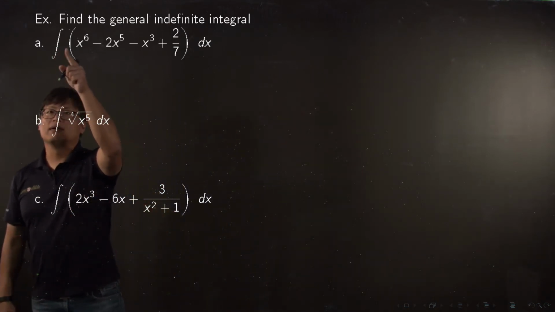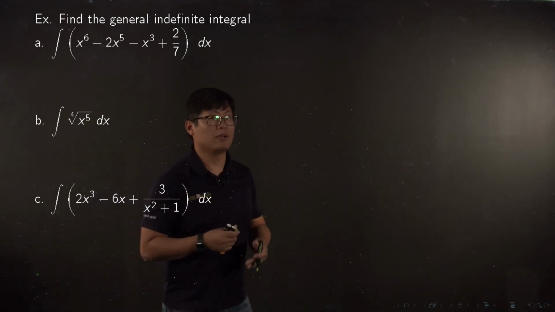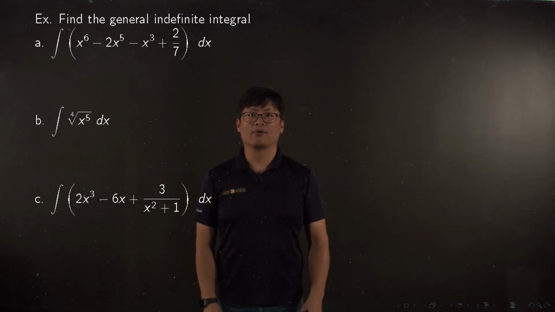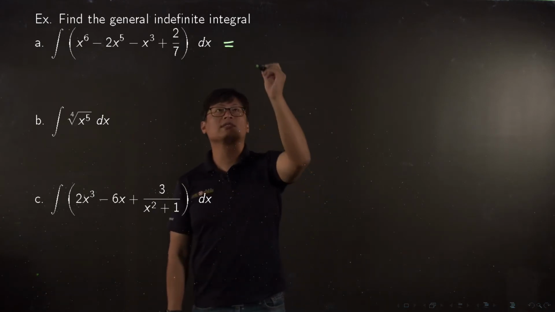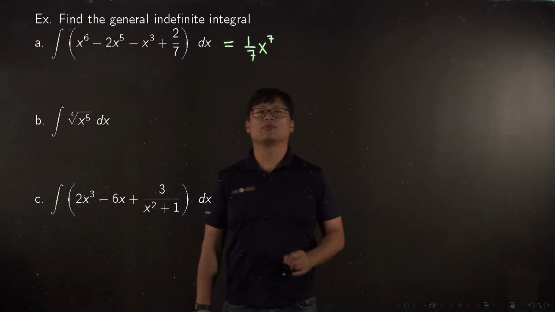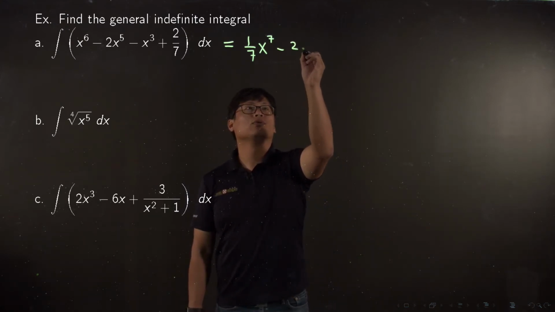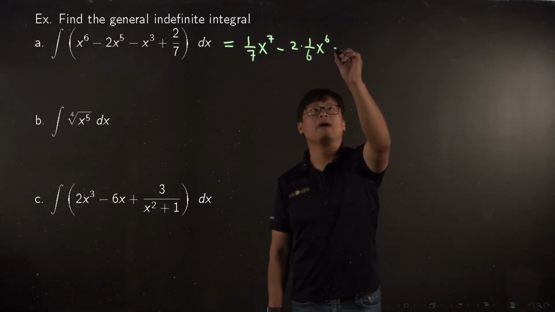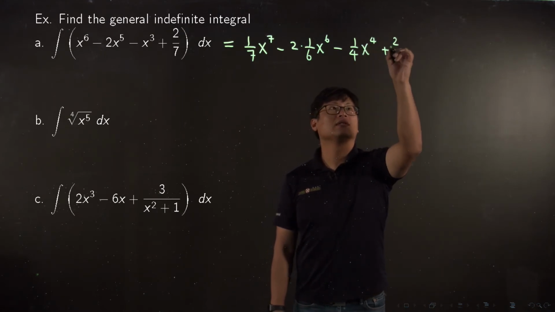So an integral like this one. The question is about an indefinite integral, but as I told you, it is the same thing as the antiderivative problem, so we can answer this one directly, okay? Here we go. So x to the 6 is 1 over 7 x to the 7, I'm talking about the power, right? And second one, minus 2, 1 over 6 x to the 6, and then minus 1/4 x to the 4, and the constant term.